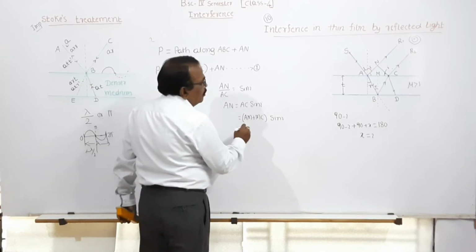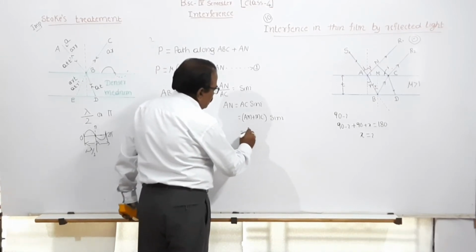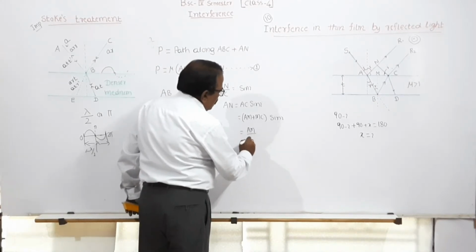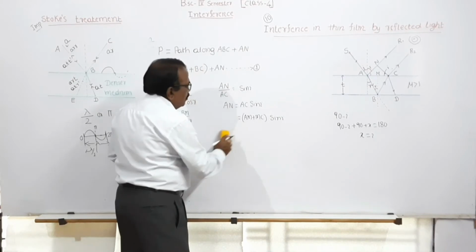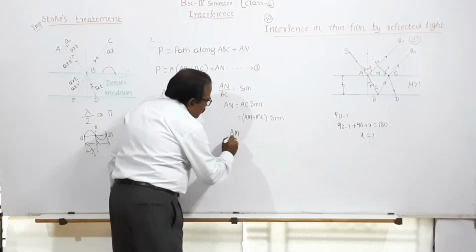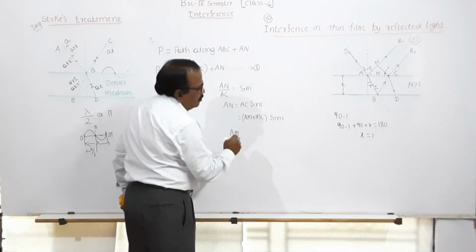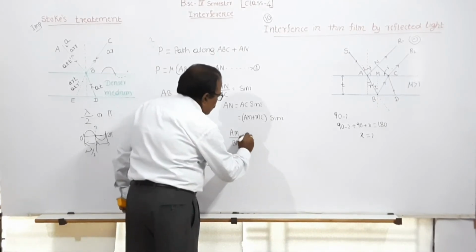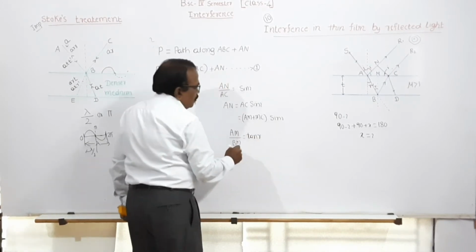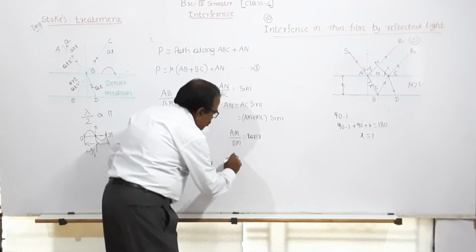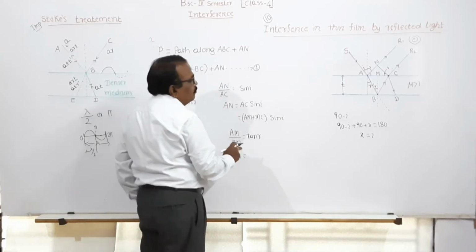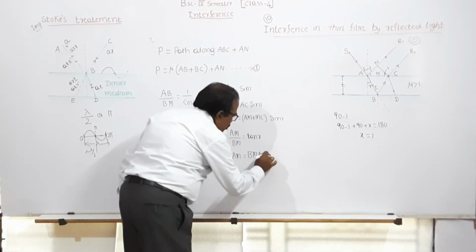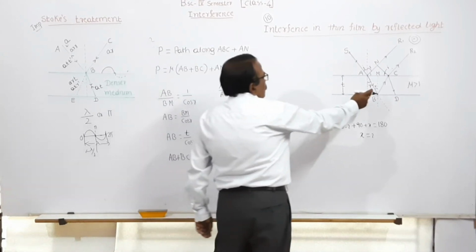This is AM upon BM is equal to tan R, or AM is equal to BM into tan R. What is that BM?